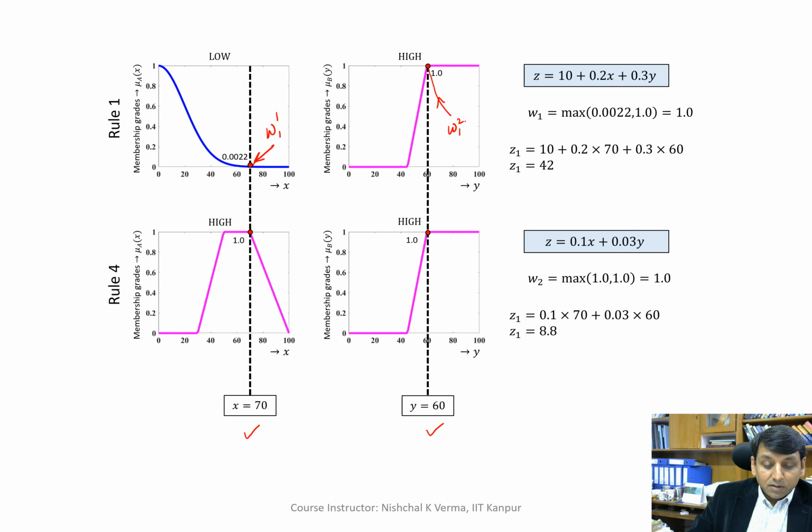W11 is 0.0022, W12 is 1. Since here we have the connective OR that we have been given, instead of min, we use max. So W1 will be the maximum of W11 and W12, which comes out to be 1.